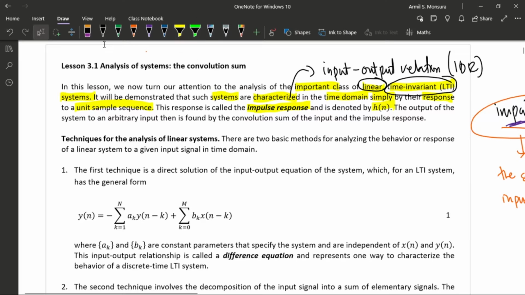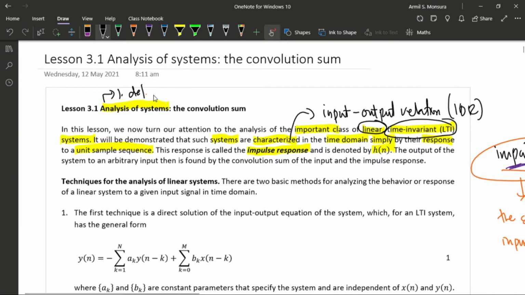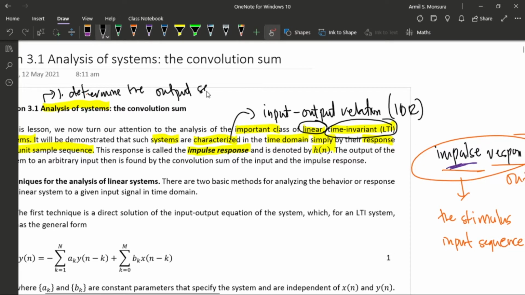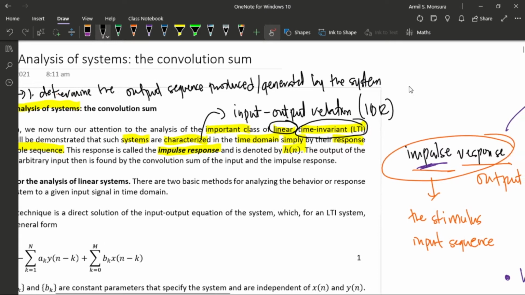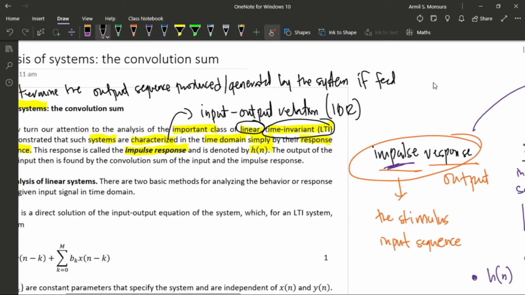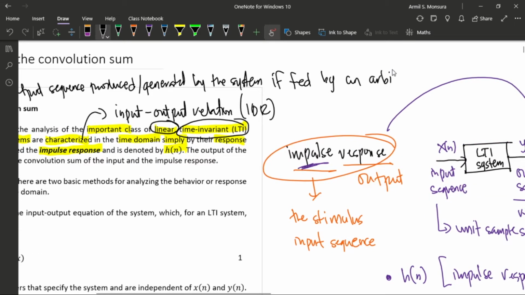So again, the goal of analysis of systems, let's always remember, is number one, to determine the output sequence produced or generated by the system if fed by an arbitrary input sequence.